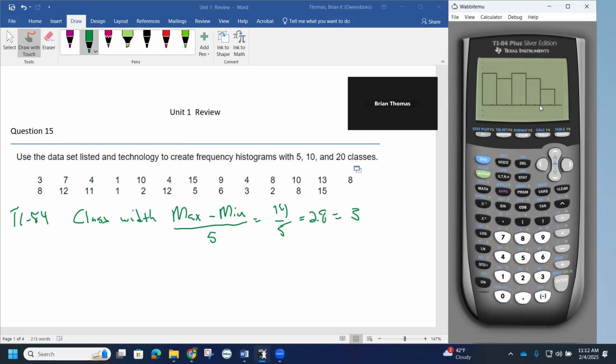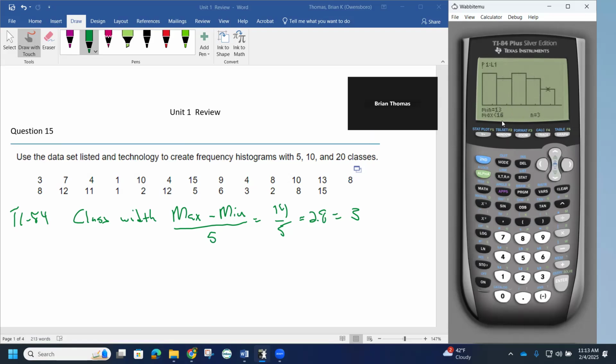If I hit the trace button, I can see the frequency of each one. Numbers between 1 and 4, there's 6. Between 4 and 7, there's 5. Between 7 and 10, there's 6. 10 and 13 is 5. And 13 and 16 is 3.